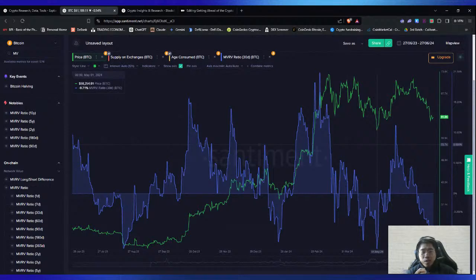The last time that we were at this level was in the first week of May, where the price of Bitcoin was at 57,000, and then we saw it climb as high as 71,000. Prior to it, the last time that we saw MVRV in this region was in the third week of January, where we saw the great rally of Bitcoin from 39,000 to as high as 73,000. And from last year, the MVRV of negative 9.67% actually marked the local bottom at 26,000.